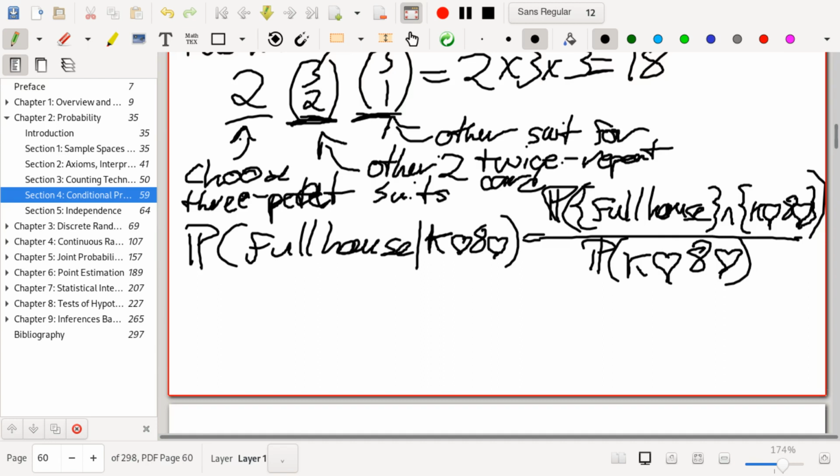Okay, so here's what we could do. We decided that there were 18 full house hands that had the king of hearts and the 8 of hearts, and we're going to divide this by the sample space. That is the probability of the top, because the numerator corresponds to the probability of a full house hand with the king of hearts and the 8 of hearts.